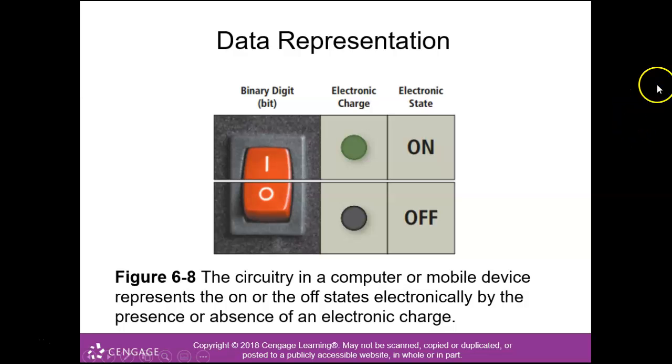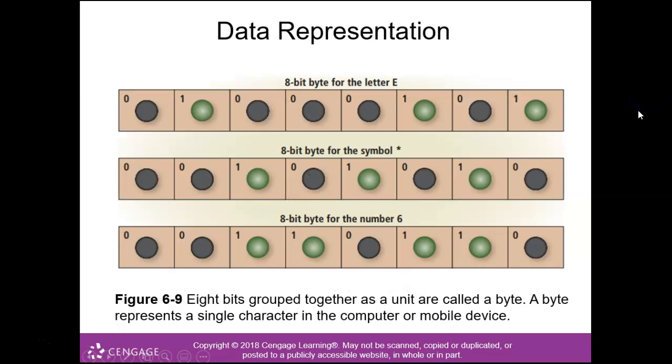So this next slide is meant to show you the letter E, for example. We would take these 8 bits, which we call a byte, and 0, 1, 0, 0, 0, 1, 0, 1 is the letter E. And then for the symbol asterisk, they show you the 8-bit byte. And then for the number 6.